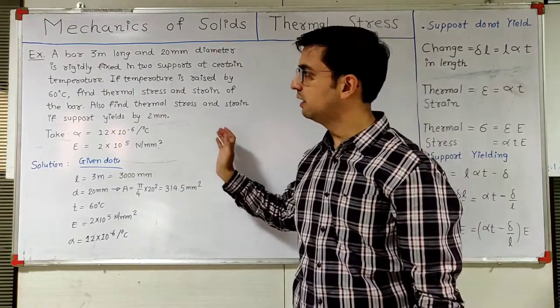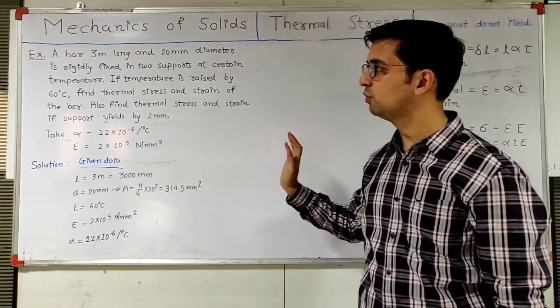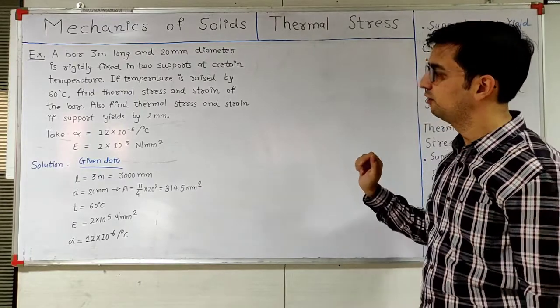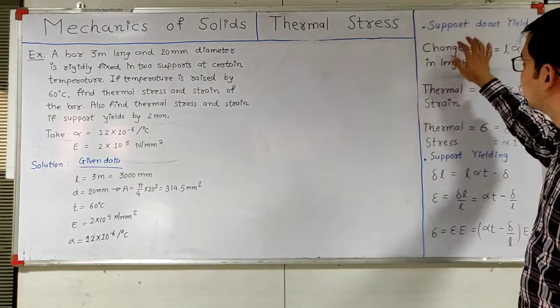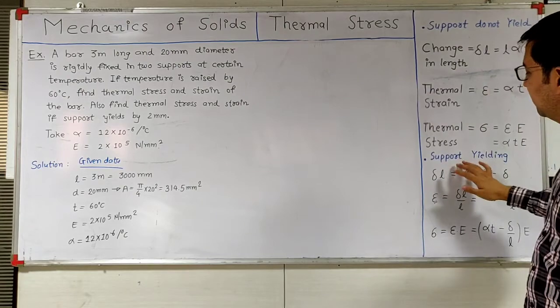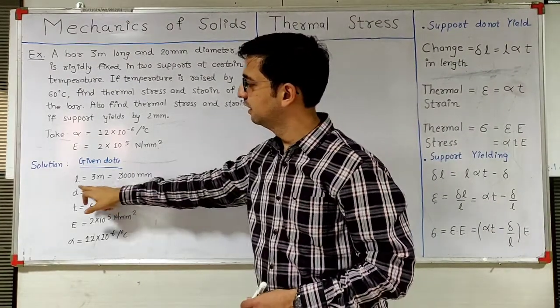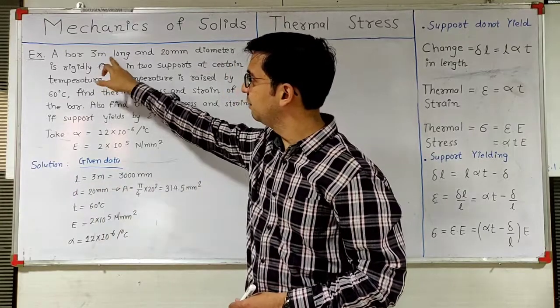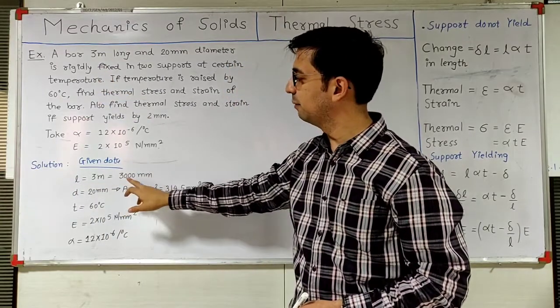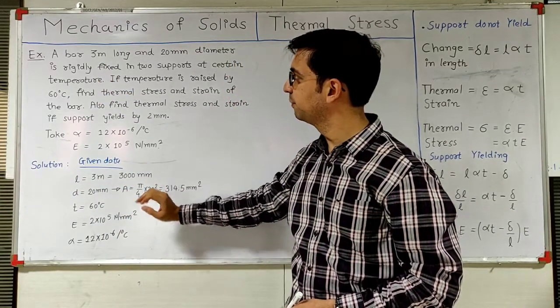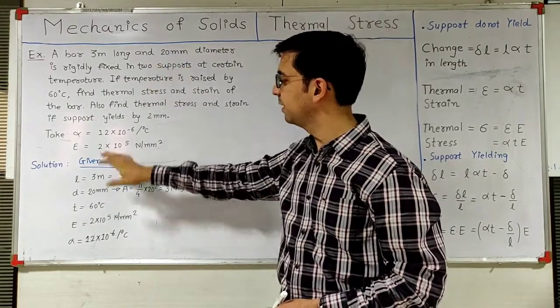So here in this example we have to use both conditions of thermal stress, in which support does not yield and support is yielding. Given parameter is length 3 meter, so convert into mm, 3000 mm, diameter 20 mm given.